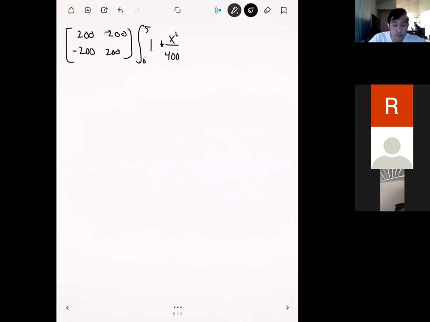And so if we perform this integration, what we get is 200, minus 200, minus 200, 200, and then we have x plus x cubed over 1200, evaluated from 0 to 5.